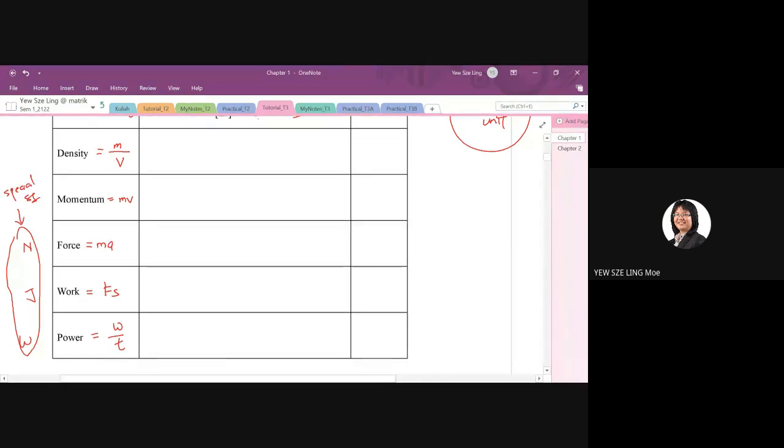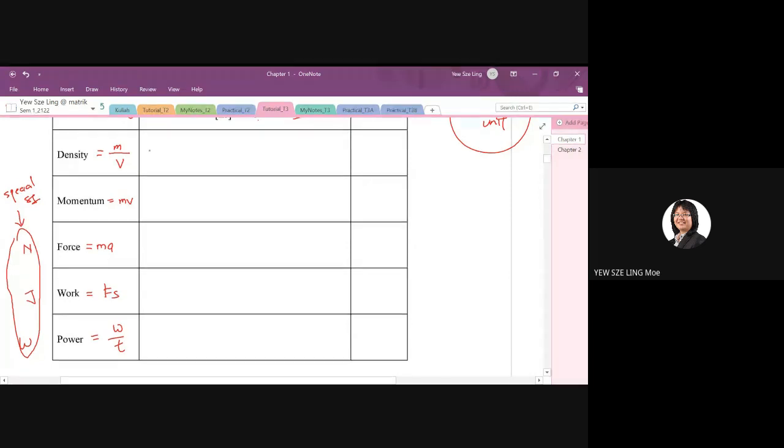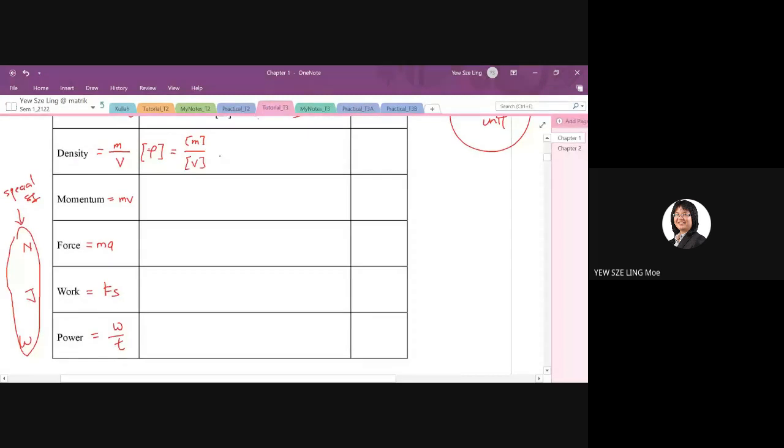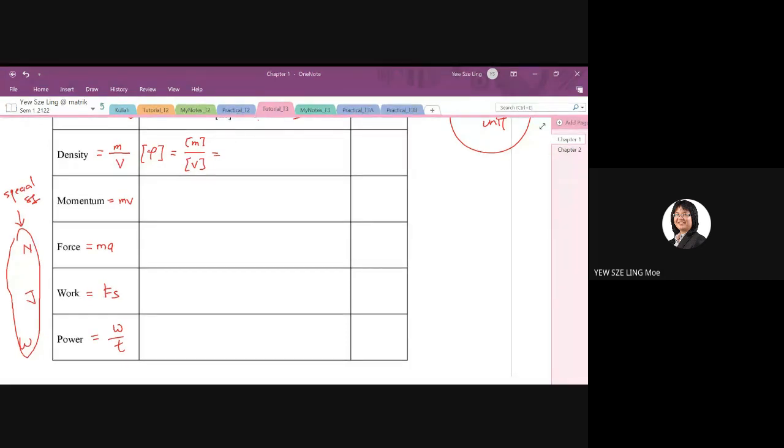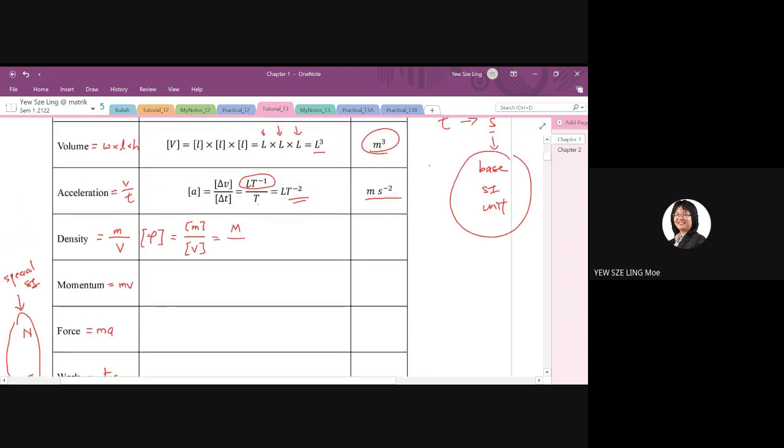So density equals m over V. Density, which is rho, I put in a square bracket, equals m over V. Now m is mass. Therefore, when you change it into dimensions, it becomes capital M over V. Now V, based on the previous question, has the dimension L^3. So it equals ML^-3.